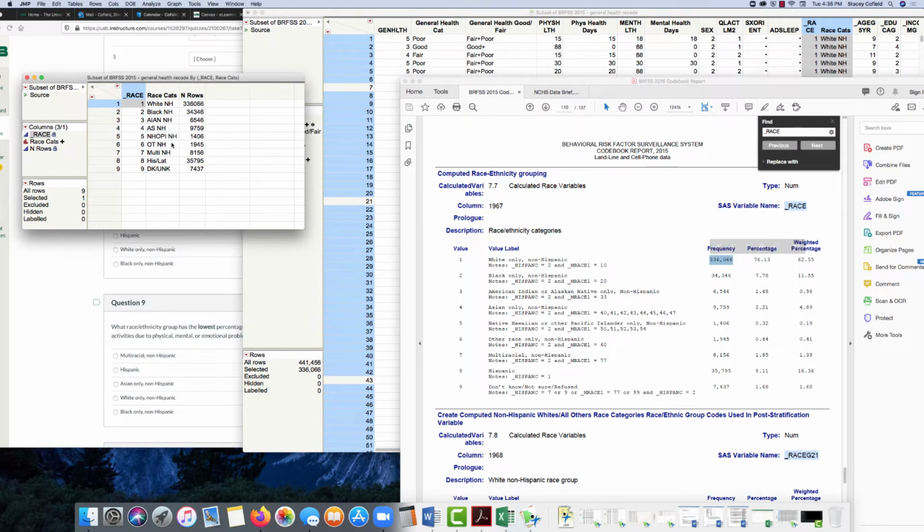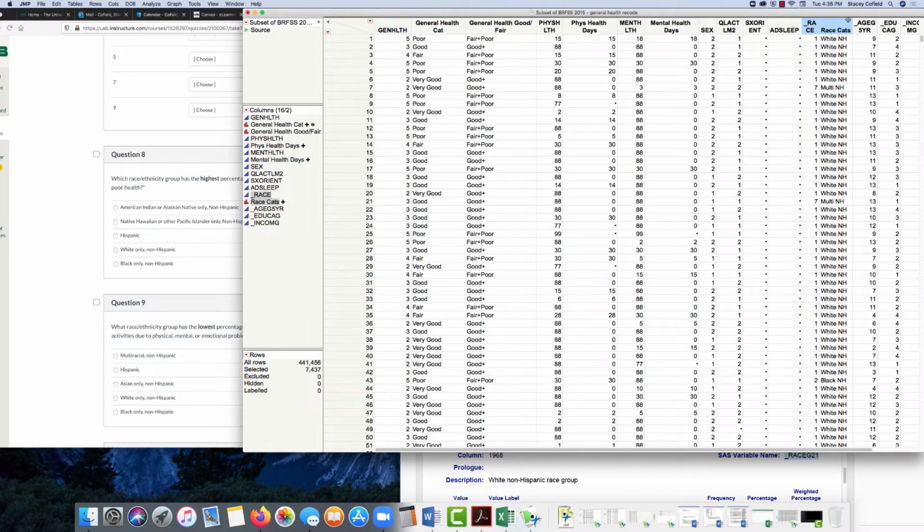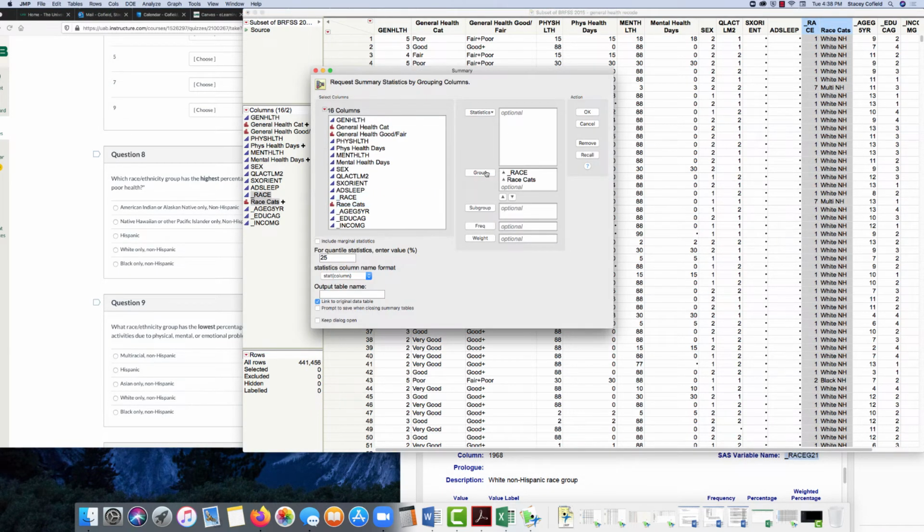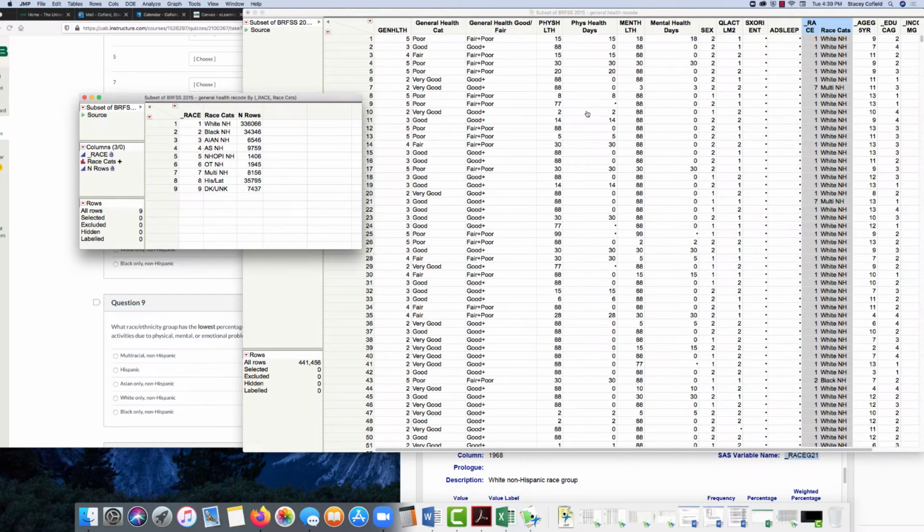I can spot check others, non-Hispanic 1945, so you can see here, and here's my don't knows. So just make sure that your recategorization matches the codebook. Again, to do that, I've selected both columns, Tables, Summary, put both of them under Group, and press OK. And I can see that my recode worked.